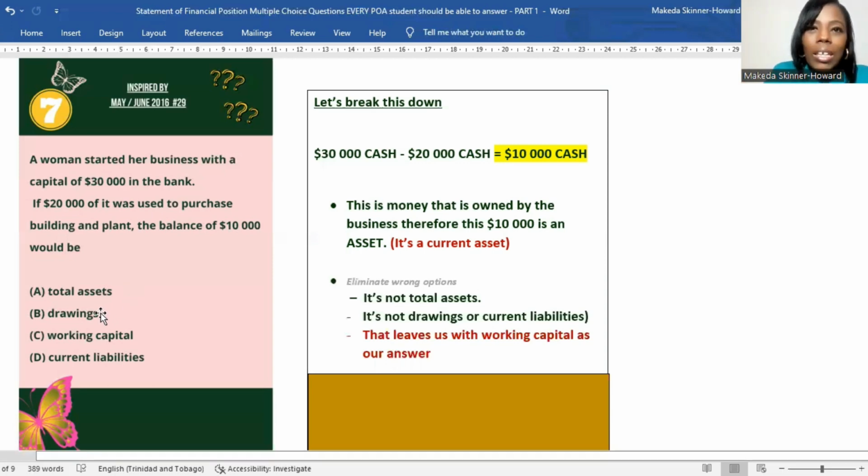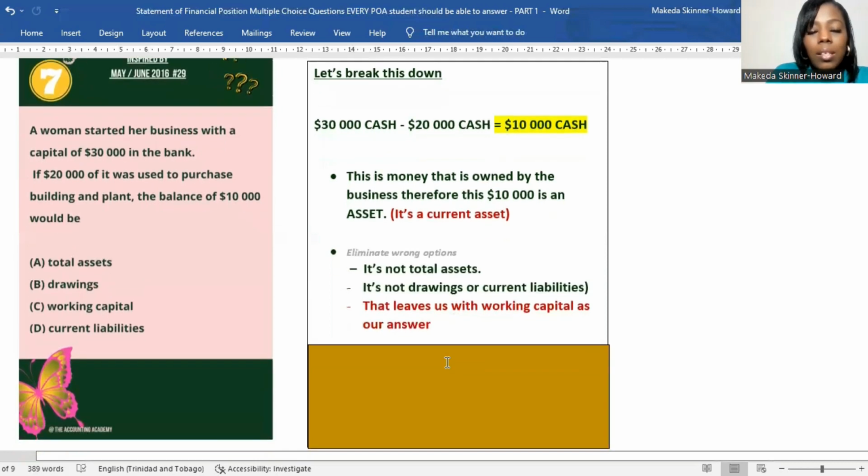It's an asset, so it cannot be drawings. It's possibly working capital. Let's come back to that one. And it's definitely not current liability if it's a current asset, all right? So if A, B, and D are out of the picture completely, then it leaves us with C. It leaves us with working capital, which is the correct answer.